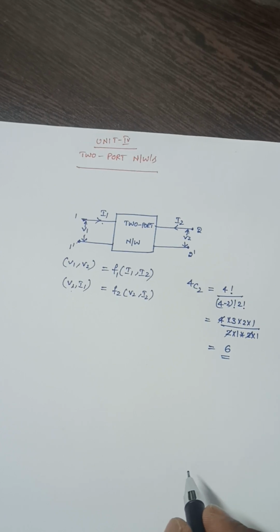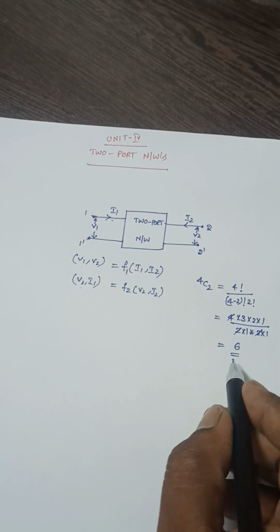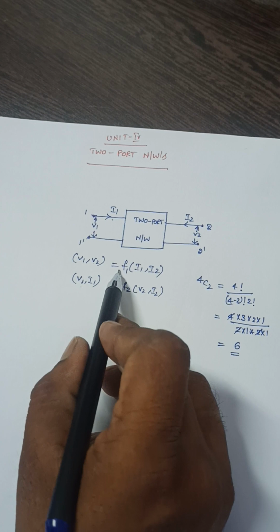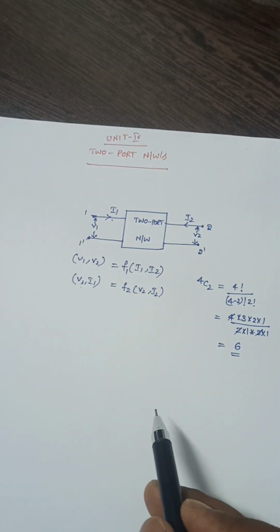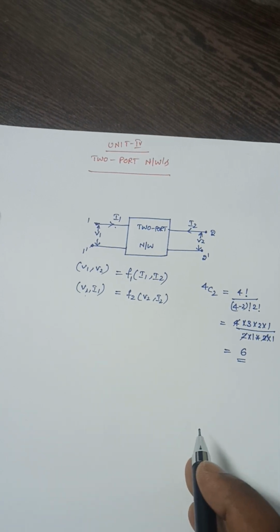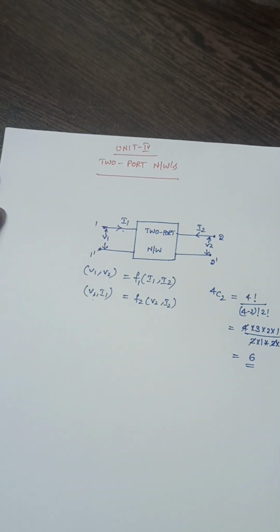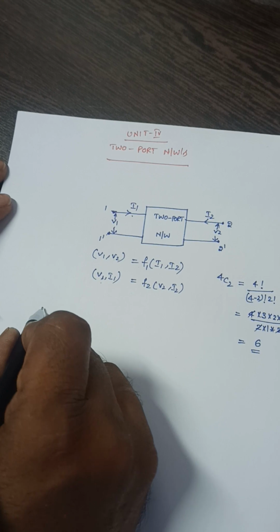That means what I want to say here is there will be 6 combinations like this. So depending upon the combinations, these parameters are classified.